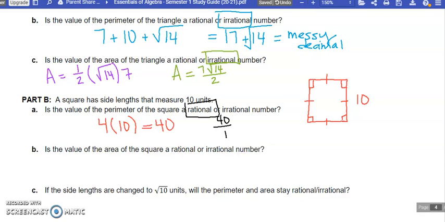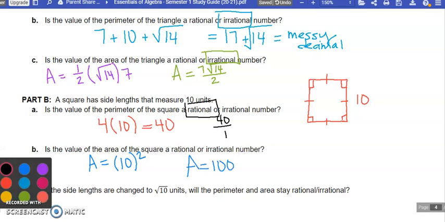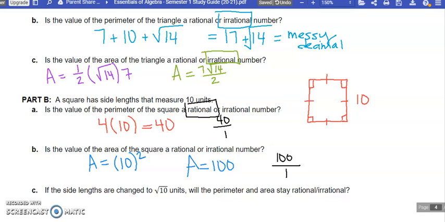Well, area of a square is side length squared. So 10 times itself is 100. So can 100 be written as a fraction? If so, this is rational. And of course, we can write 100 as a fraction just by putting a 1 under it. So this is rational.